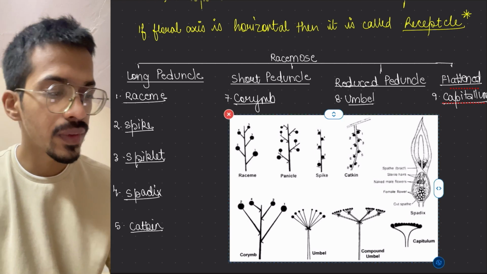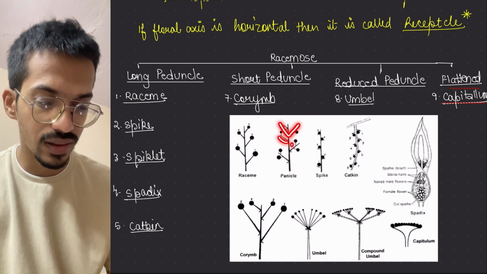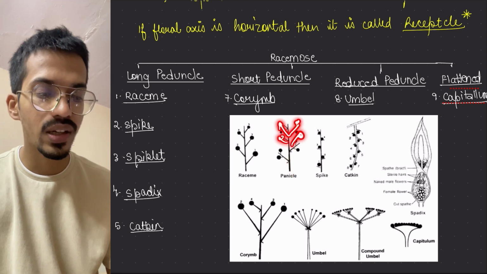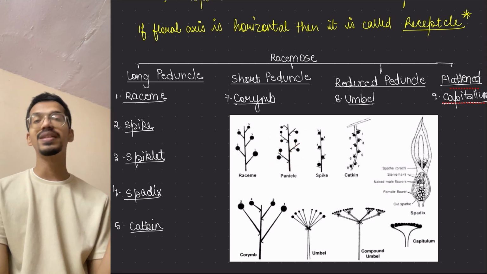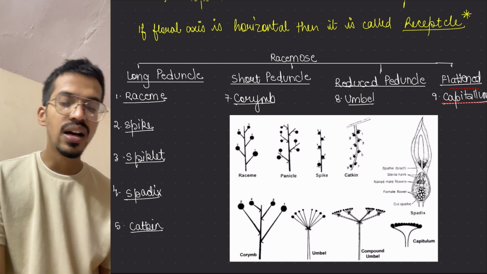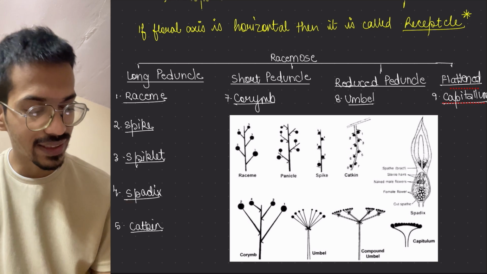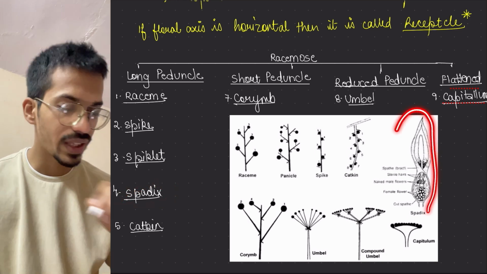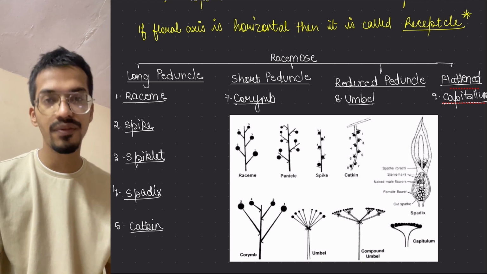So we basically have the plant where the initial flowers will be fertile, and infertile flowers will also be present on it. These are considered as a panicle type. Then we have spadix. Spadix is this kind of thing where there is a covering sheath present around the inflorescence.